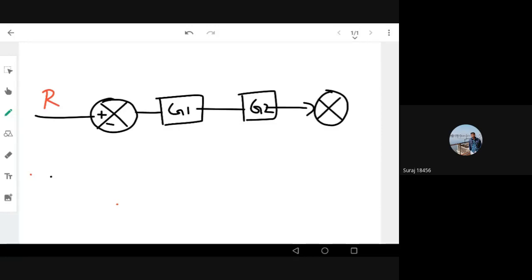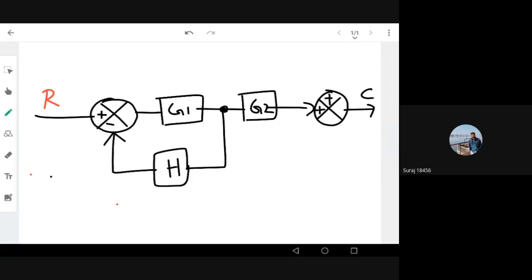The two signals adding plus, plus, and my output is C. Now the important thing is I have a feedback after G1, that is H, and this is going to this summing point. Again, there is a node or branch connecting from the output of my error signal to a G3 gain, and this is going to the summing block here, right?